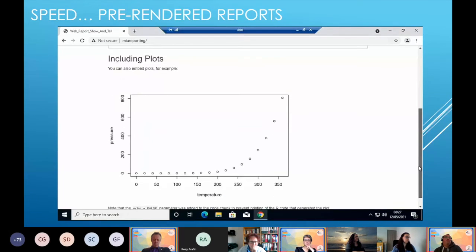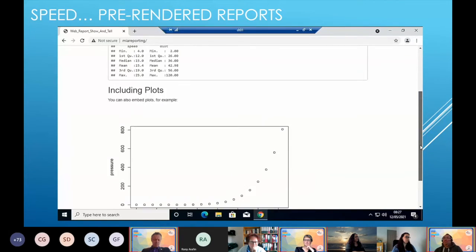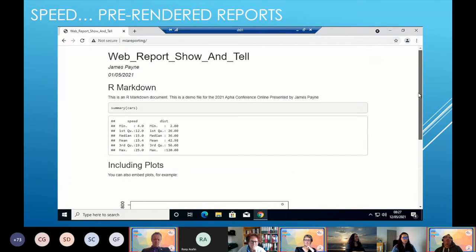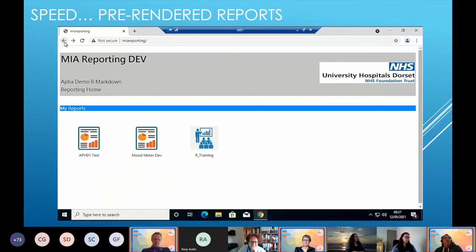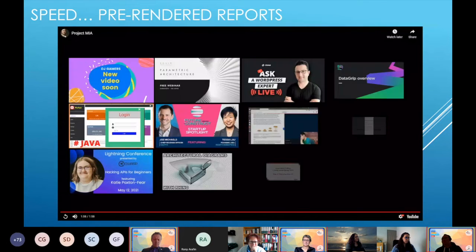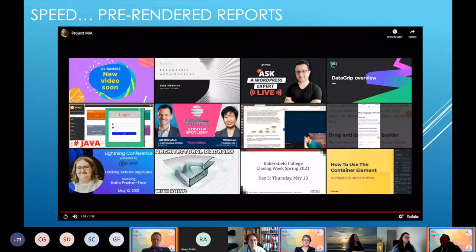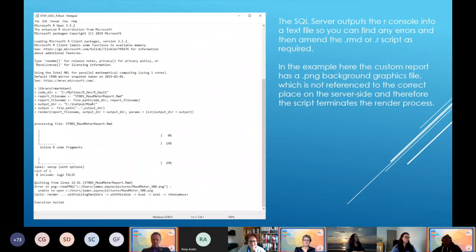When you start up an R Markdown file, you get a template to work with. Obviously it's very, very rough. It has been put together rather quickly, but it's just a proof of concept, so you can see what's going on there.